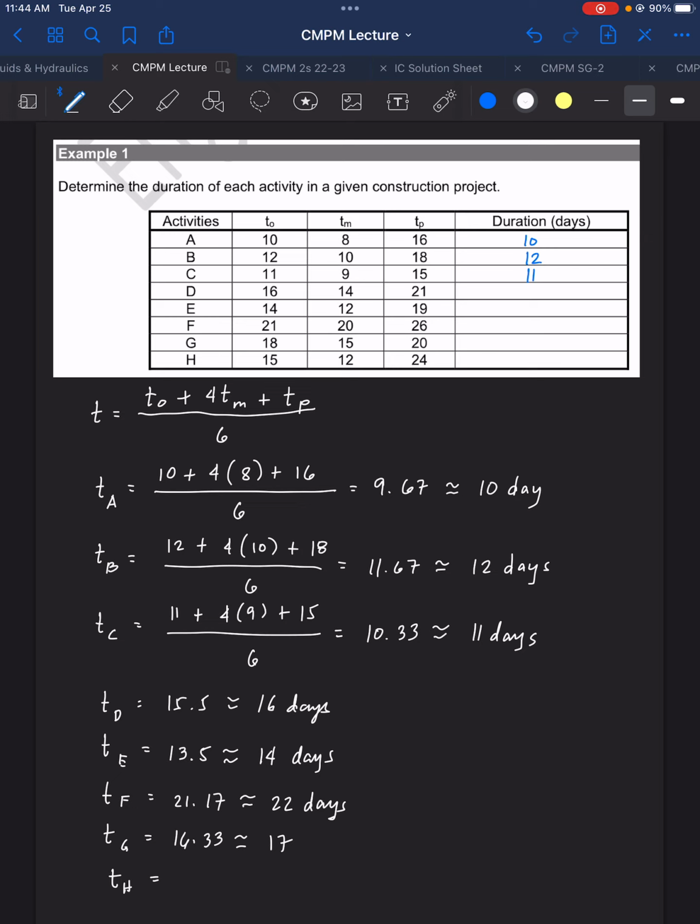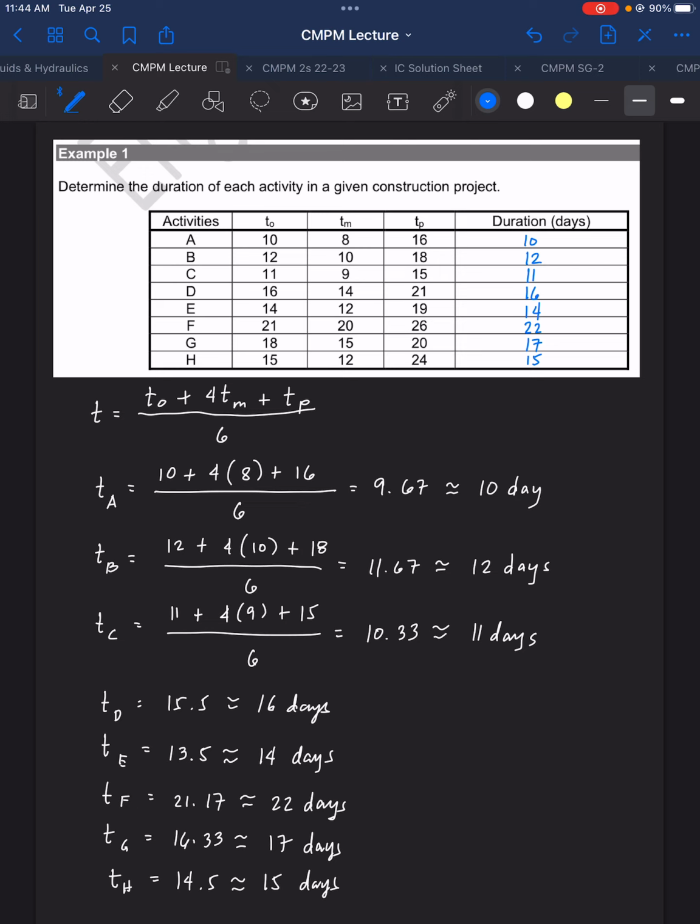So 14.5, or that is 15 days. Okay, so we'll put here 11, 16, 14, 22, 17, and then 15 days. So this is the duration per activity. Okay, that's for example number 1.